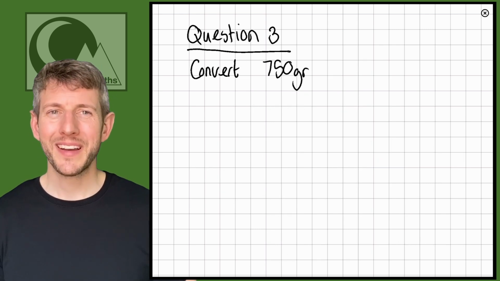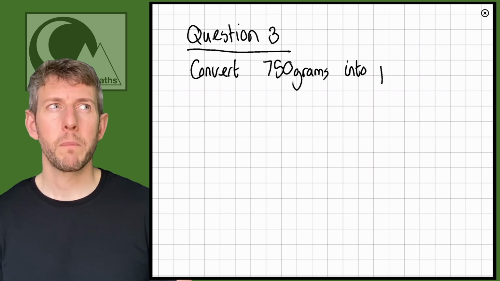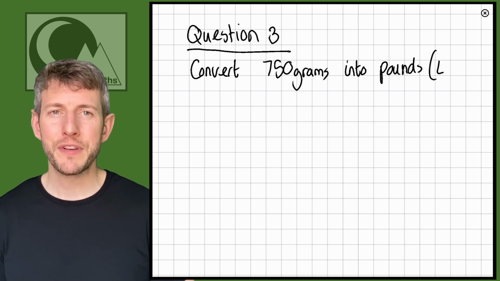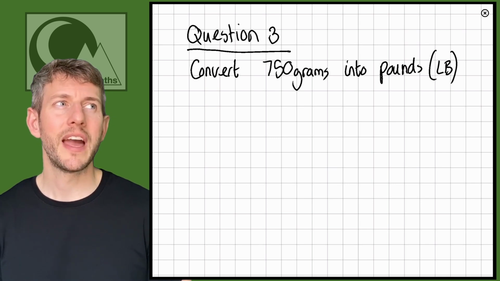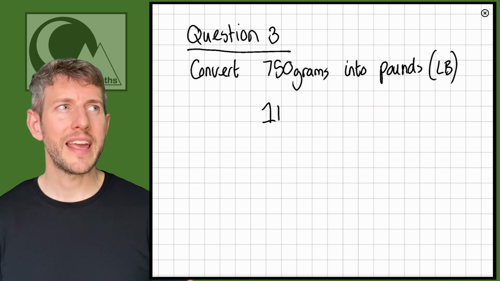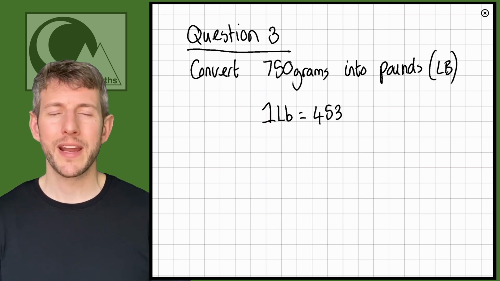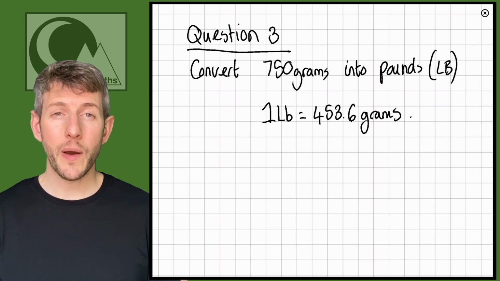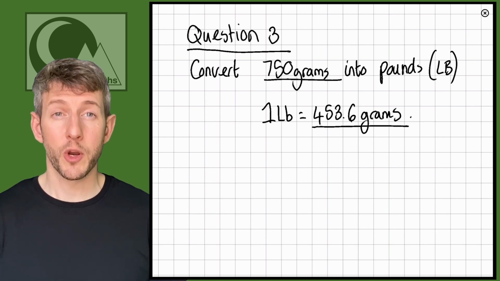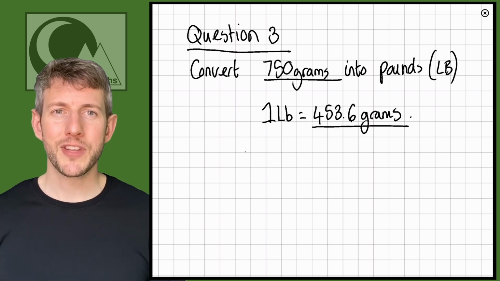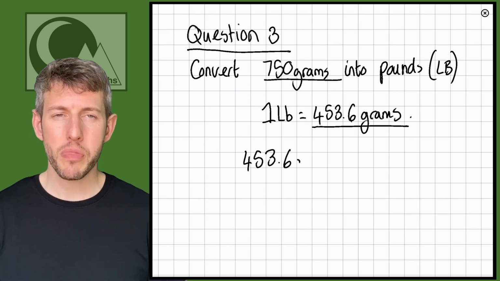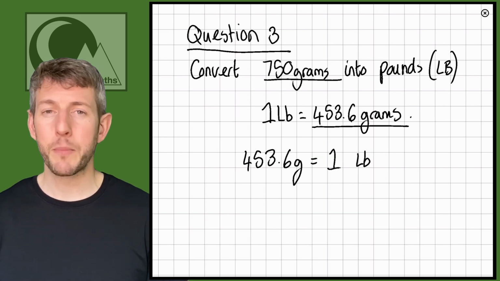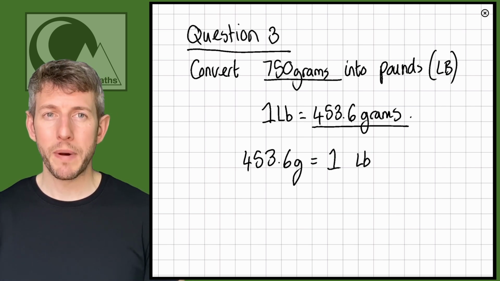Question 3 says, convert 750 grams to pounds. We've been told that 1 pound equals 453.6 grams. So we're going from grams to grams, and I'm going to put the grams on my left to help me with the way that I lay this out: 453.6 grams equals 1 pound.